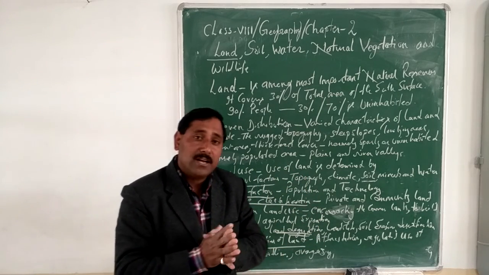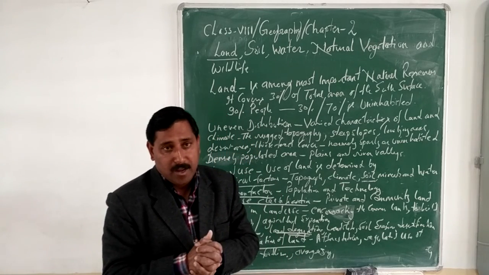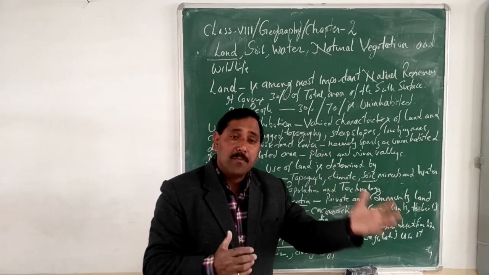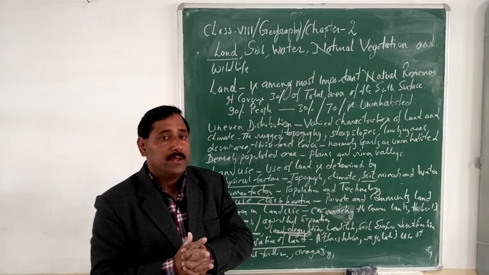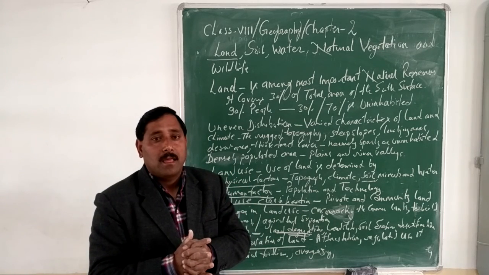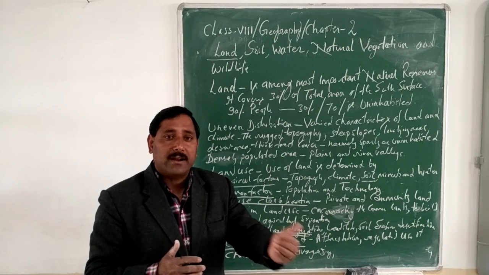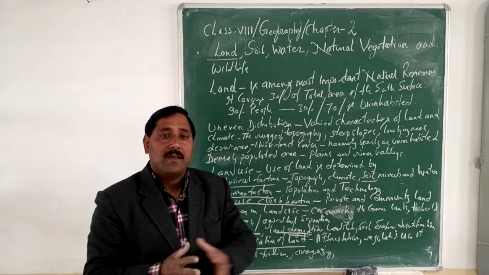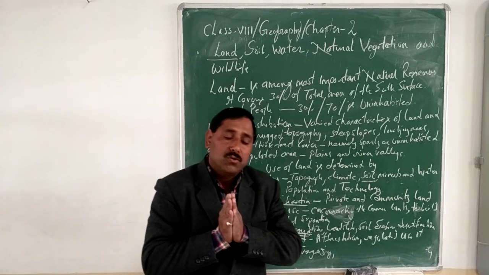And what is soil erosion? When the soil is washed away by natural agents, like water, wind, or glaciers. All those natural factors by which the soil is washed away, that is known as soil erosion.